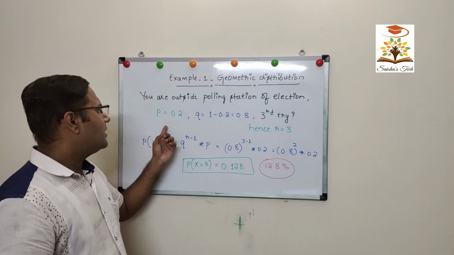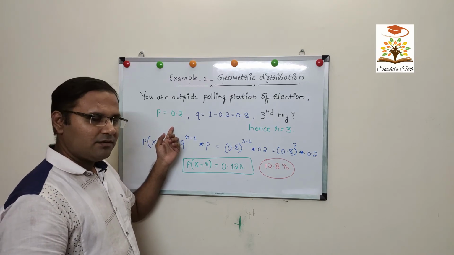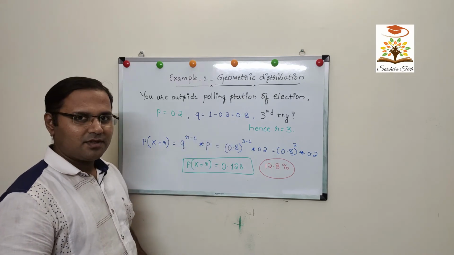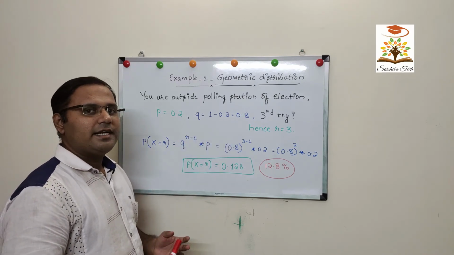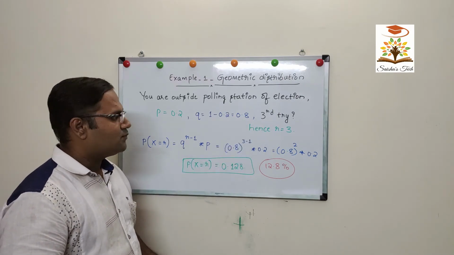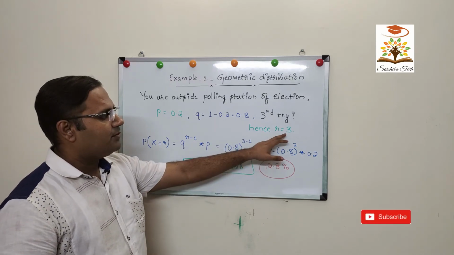Consider the probability that the person has voted for the independent candidate is 0.2, which means the probability that the person has not voted for the independent candidate would be 0.8. Now you want to identify whether the third person whom you are questioning has voted for the independent candidate. That is, the r would be 3.